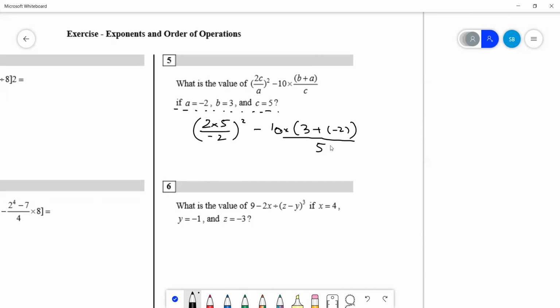So then that would change to 10 times 1 over 5, and everything else would stay the same. Correct. And then 10 times 1 is 10, divided by 5 is 2.